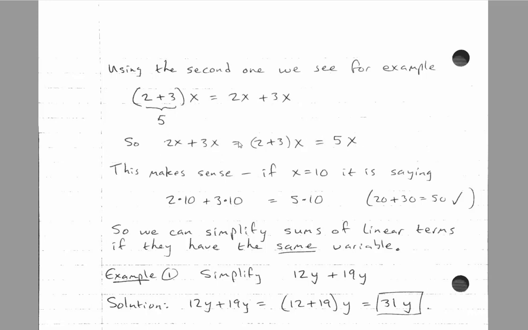So this certainly makes sense when x is 10. So 2 times 10 plus 3 times 10 equals 5 times 10. That looks good, but the point is it works for any x. It's just a fundamental idea in algebra, how to combine linear terms.